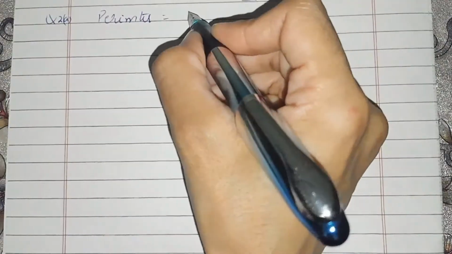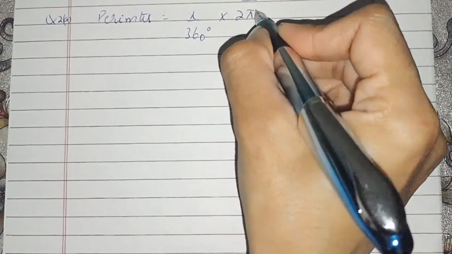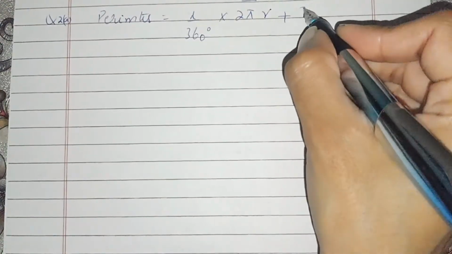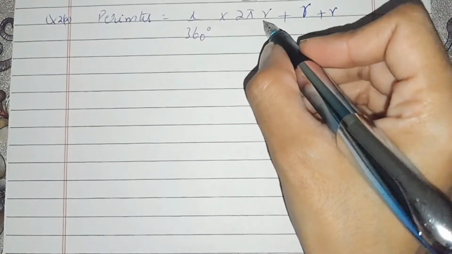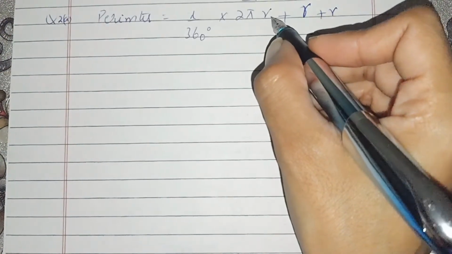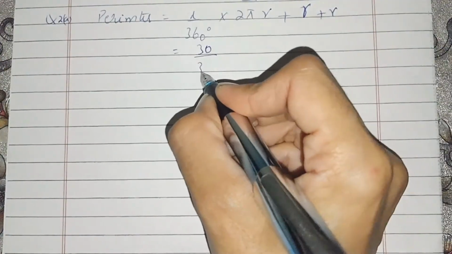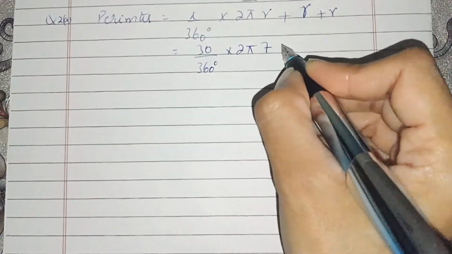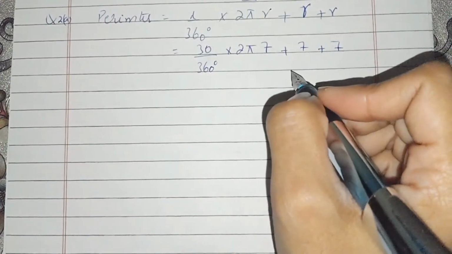Perimeter formula, you know, is x over 360 degree times 2 pi r, and r and r are added to it. You know that r is given to us, which is 7, and the angle is also given, that is 30 degree. So 30 over 360 degree times 2 pi times 7 plus 7 plus 7. Now we have to solve it.